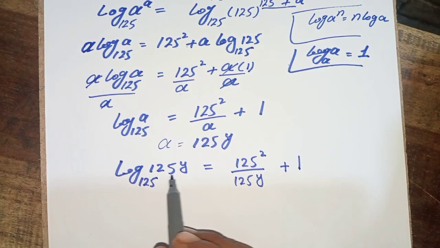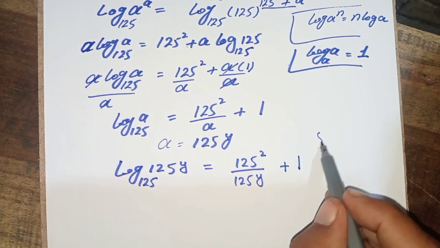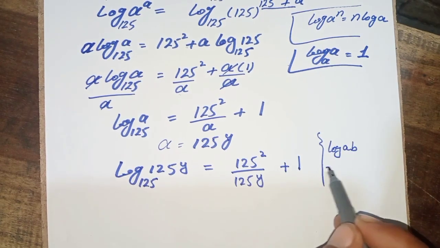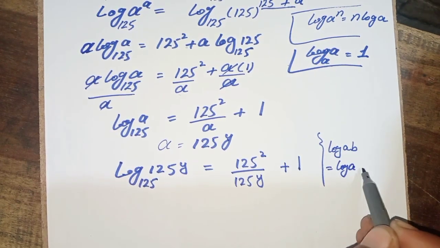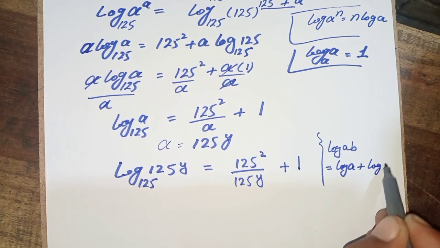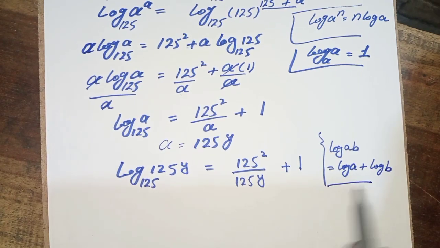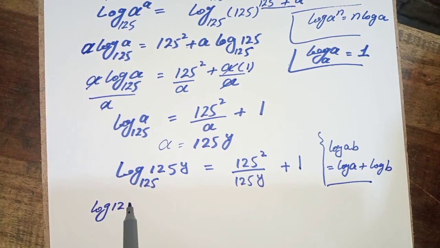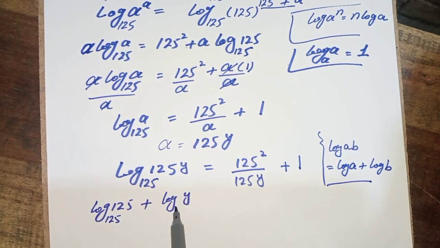Now apply the product rule of logarithms: log AB is equal to log A plus log B. We can write it as log base 125 of 125 plus log base 125 of y.